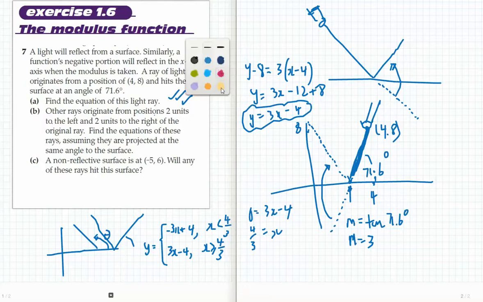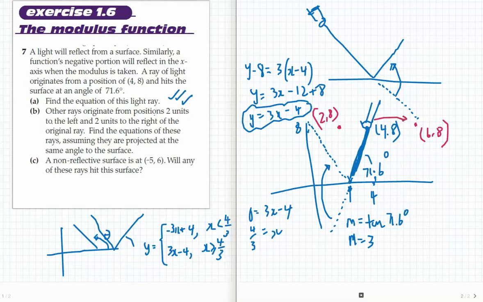Okay, so 2 units to the left gives me a light which originates from (2, 8), and another one that originates from (6, 8). Find the equations of these two rays assuming that they are projected at the same angle to the surface. Okay, I can use my transformations.